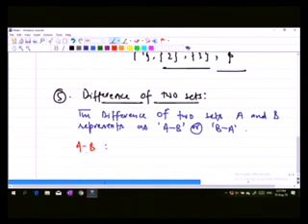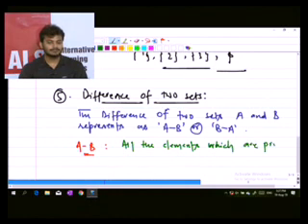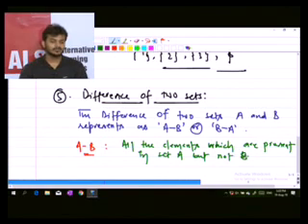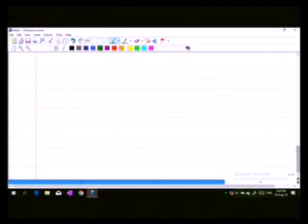A minus B is all the elements which are present in set A but not in B. This you all know, right? But how it will look on a Venn diagram, I will let you know.